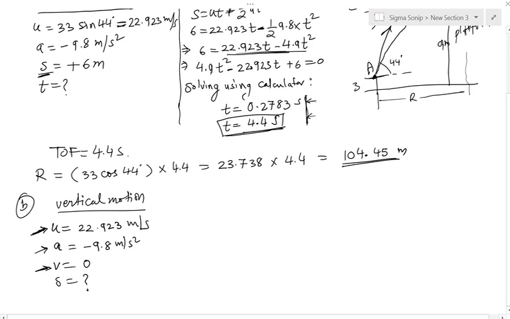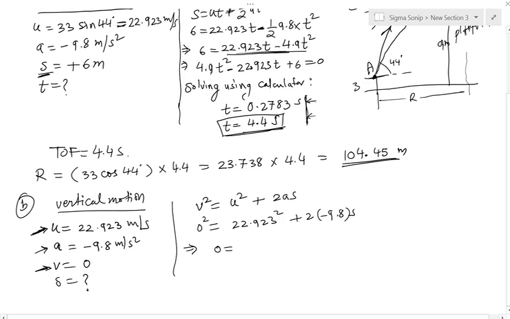So when we look at this, the equation that we need to use is v squared equals u squared plus 2as. Substituting values, we get 0 equals 22.923 squared plus 2 times minus 9.8 times s, which is 22.923 squared minus 19.6s.